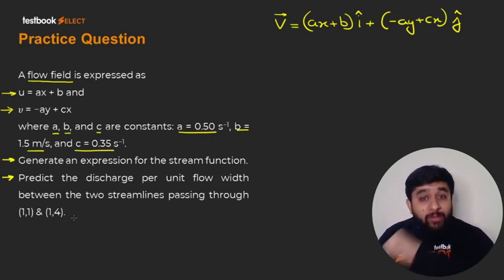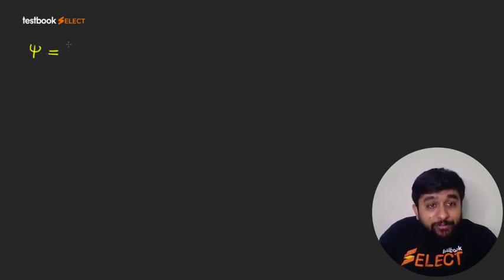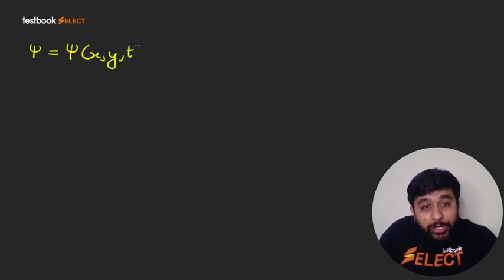Guys, I hope you remember what a stream function is. In simple terms, stream function, that is psi, is a scalar function of position coordinates and time.